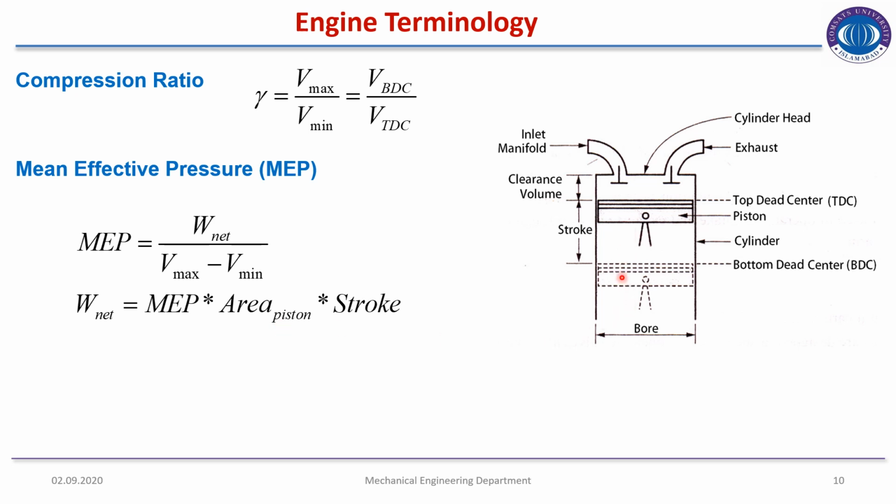Because the piston is cylindrical, the circular cross-sectional area of the piston multiplied by the stroke length is equal to the volume swept or displaced volume. When it is multiplied by the mean effective pressure, you will be able to calculate the W net, or net work output.